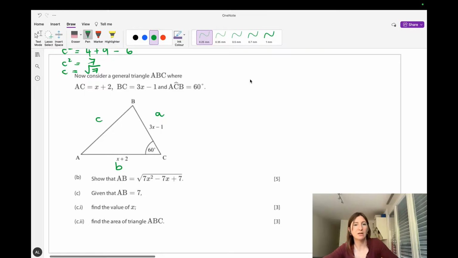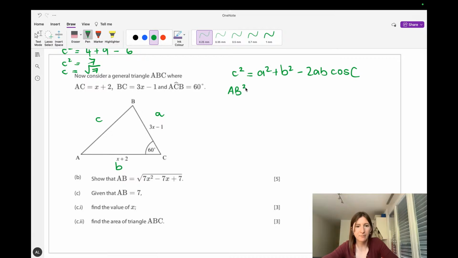So let's fill in what we know, but as usual, start with the formula. C squared equals A squared plus B squared minus 2AB cos C. And yeah, let's fill in what we know. I'm going to call, should we call this AB? Why not? Remember our mission.